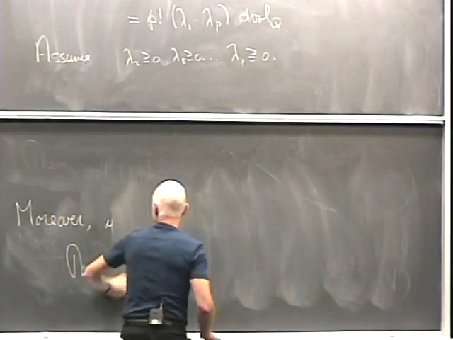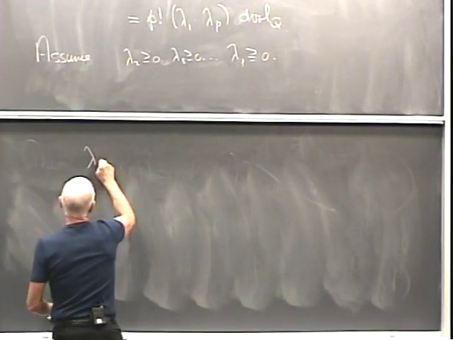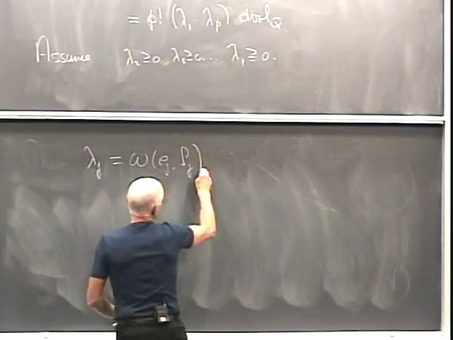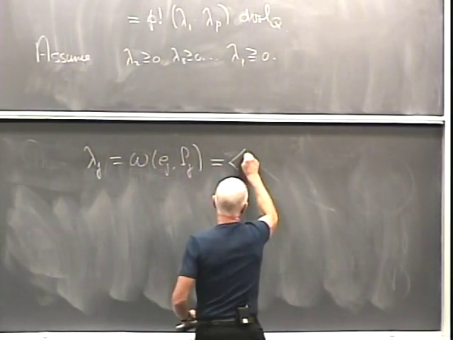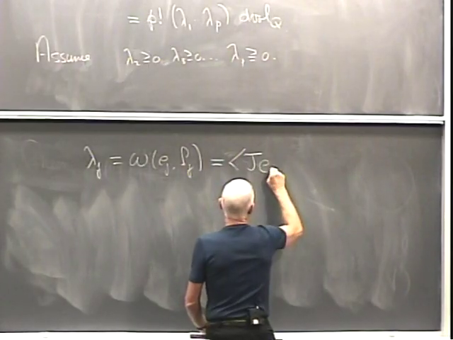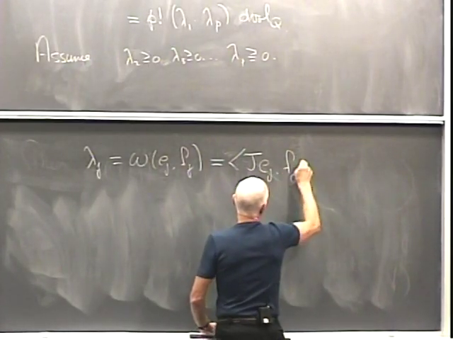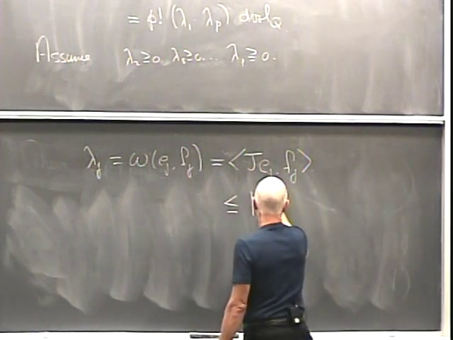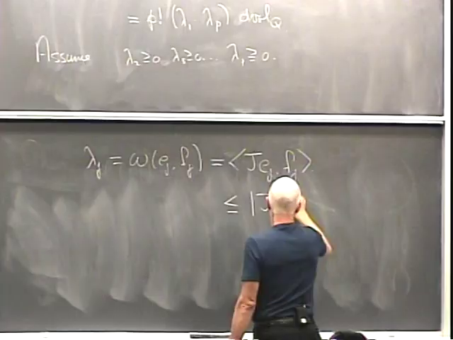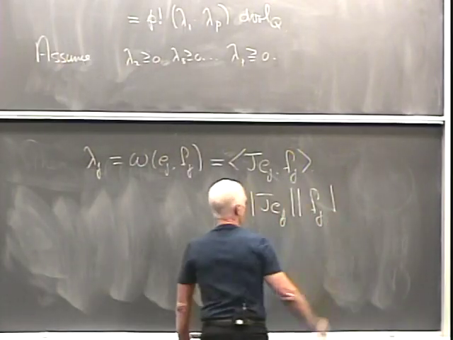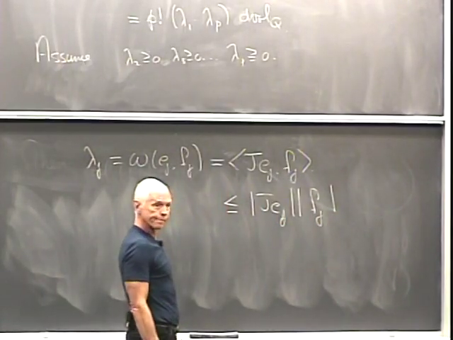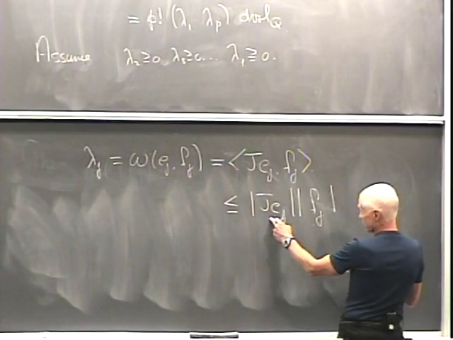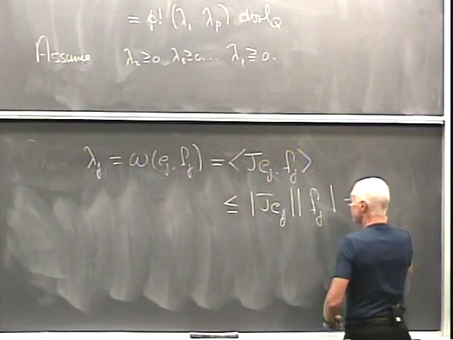Now, what are these lambdas? Well, lambda j is exactly omega applied to ej fj. By definition, this is J times this vector, inner product with that vector. And now, this is certainly less than or equal to, by the Schwarz inequality, the length of these vectors. And these were orthonormal vectors, so they are unit length and J is orthogonal. So this is exactly equal to 1.